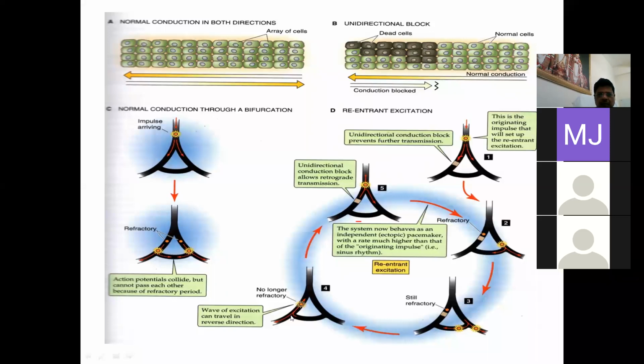It is allowing retrograde conduction. Why it is allowing in retrograde, you don't bother now. Just remember that it is a unidirectional block. In one direction it is not allowing, in the reverse direction it is allowing. Because of this property, the whole problem is happening. If it was a bidirectional block, complete block, this would not have happened.